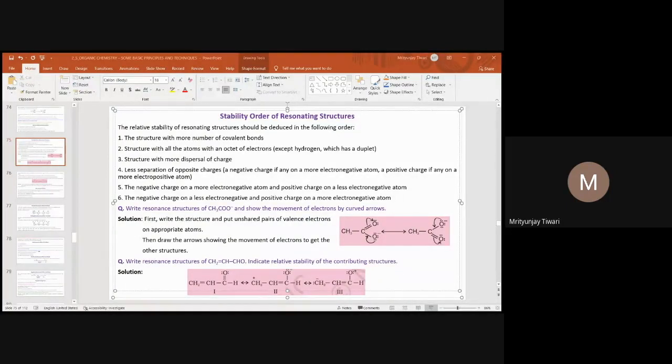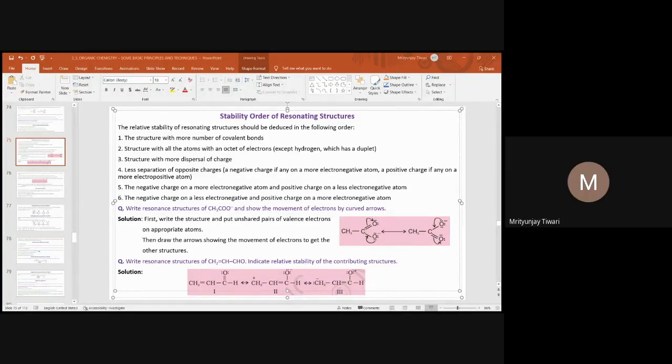The negative resonance effect is represented as minus R effect, which is the same as the minus M effect, the negative mesomeric effect. Let us now look into the positive resonance effect and the negative resonance effect, first the positive resonance effect.